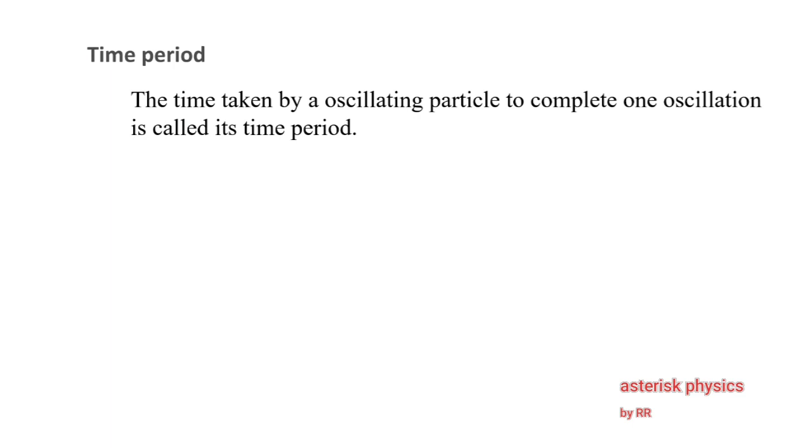One oscillation means the particle, initially at its mean position, moves to one extreme end, comes back to its mean position, goes to the other extreme end, and back to the mean position. This is called an oscillation. Time period is denoted by the capital letter T.